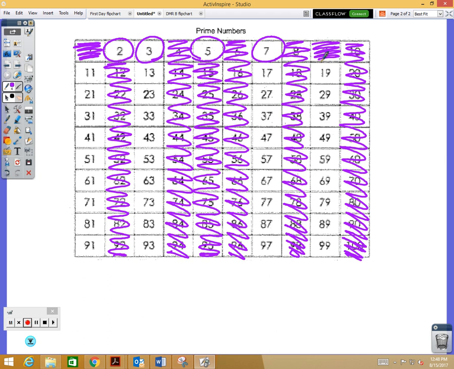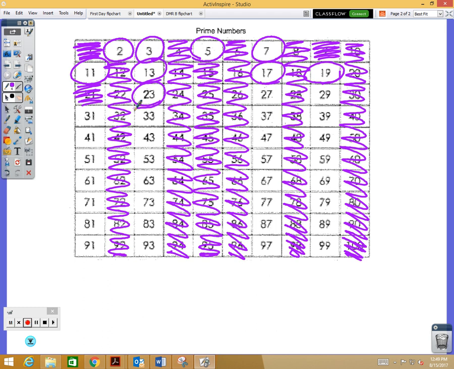Prime. 1 times 11 is the only way to get it. 13, prime. 17, 19, 21. Why is 21 composite? 7 times 3. 3 times 7, 7 times 3 means the same thing. What about 23? Prime.